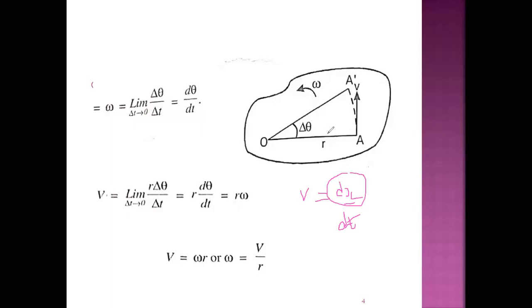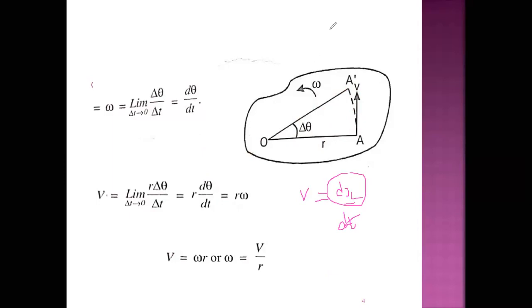Therefore I need to find the linear displacement. You can see here there is an angular displacement, but I should find the linear displacement. For that, you can see this is an arc, correct? This is called a chord. OA dash is a chord. Now what is the chord length or arc length?